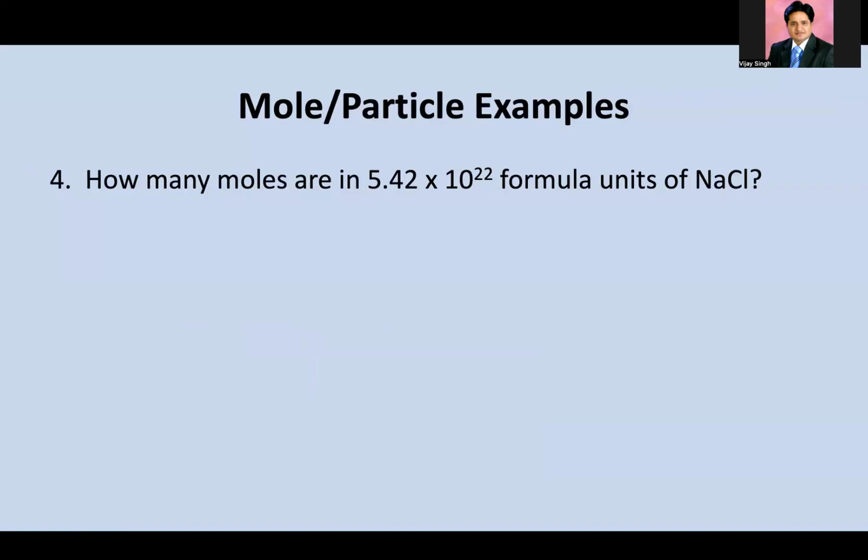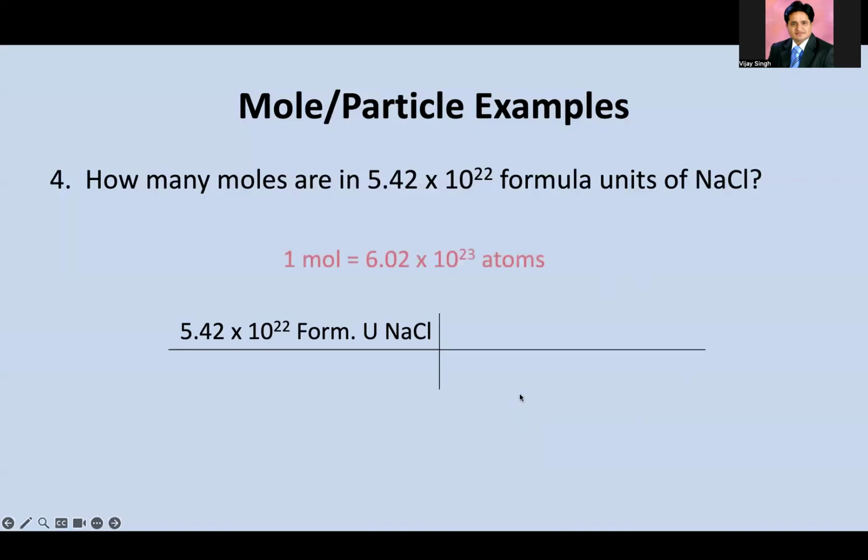Next, how many moles are in 5.42 times 10 raised to the power 22 formula units of NaCl? So you have 5.42 times 10 raised to the power 22 formula units of NaCl. 1 mole of NaCl will have Avogadro's number of formula units, so it is 6.02 times 10 raised to the power 23.